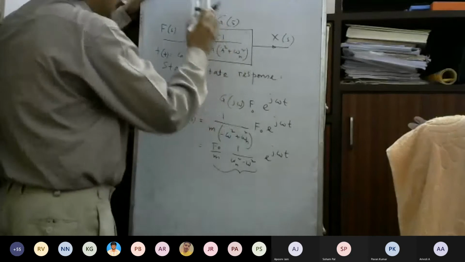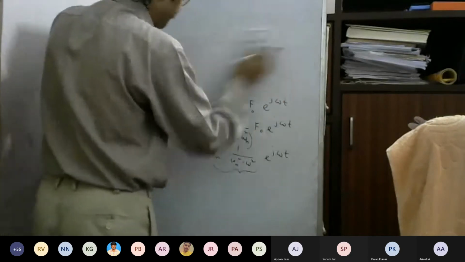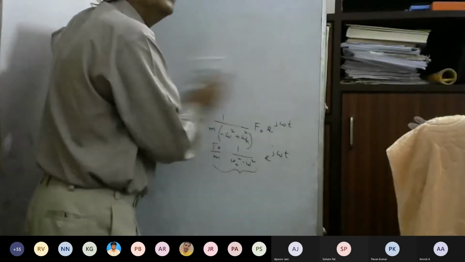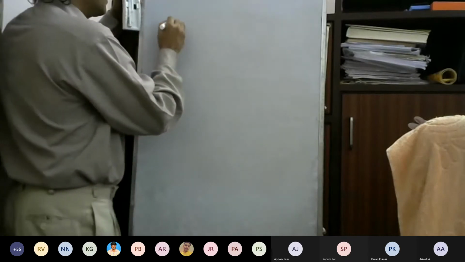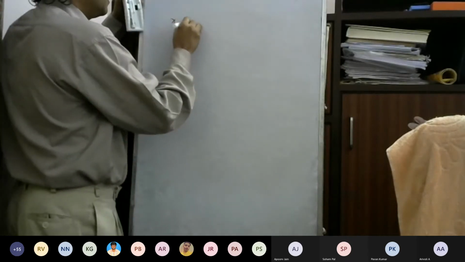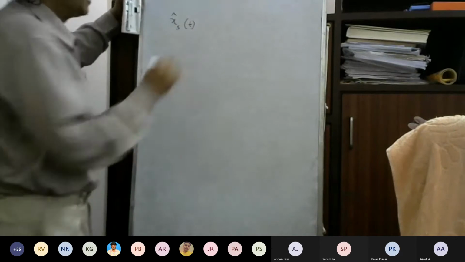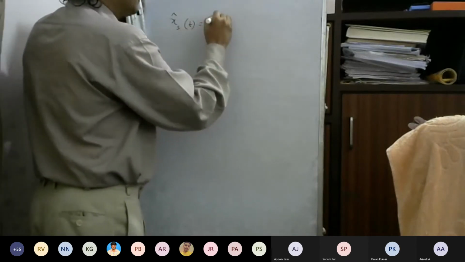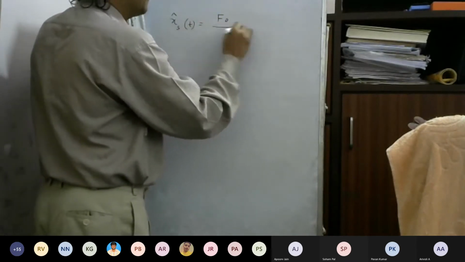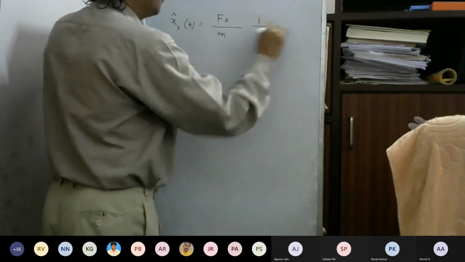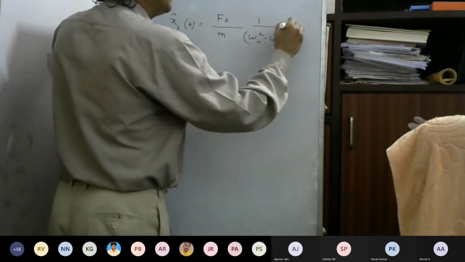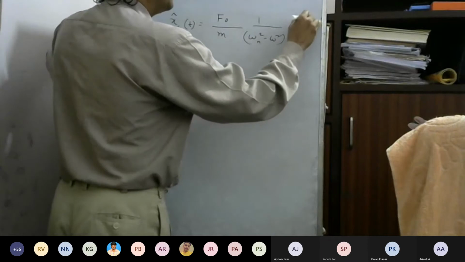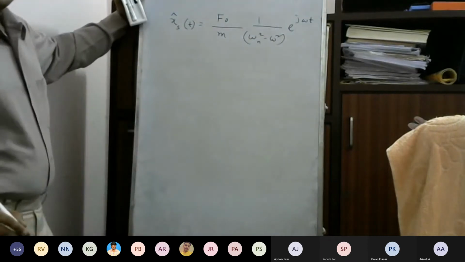So we can now sum up this thing. That is the steady state response. I'll consider only the complex part, and this will be equal to F naught divided by m times 1 by omega n square minus omega square, and e to the power j omega t.